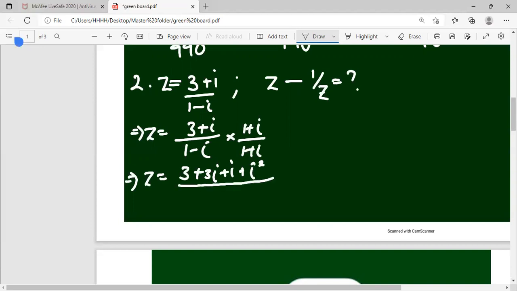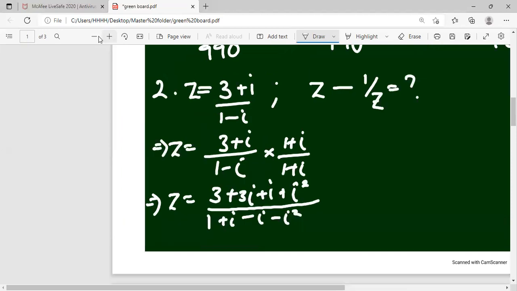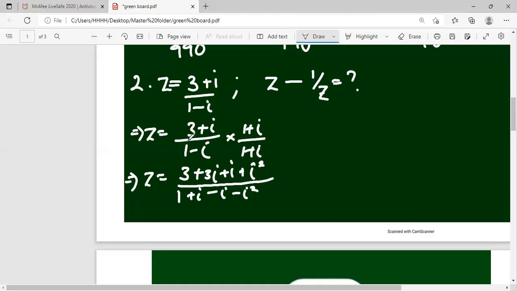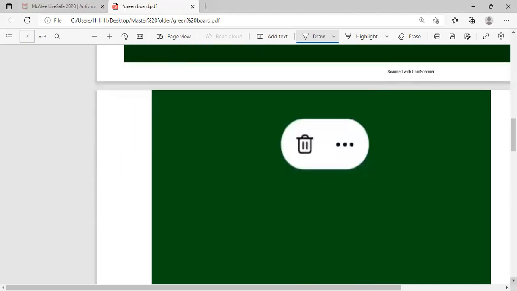Everything divided by 1 by 1 is 1, 1 by i is plus i, minus i squared. Right? What does this mean? Okay, so what that means is that let's ignore this.